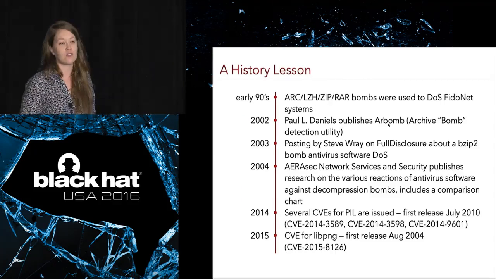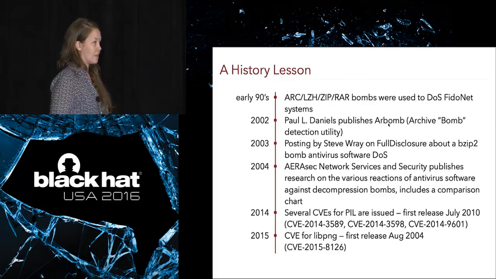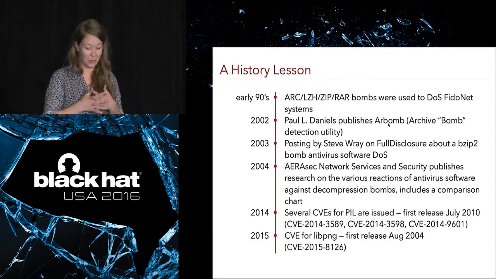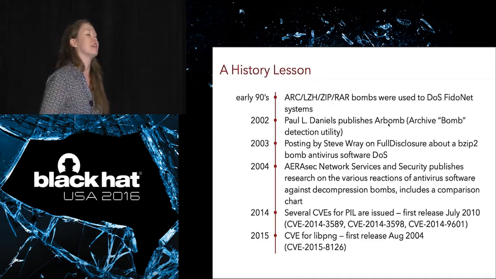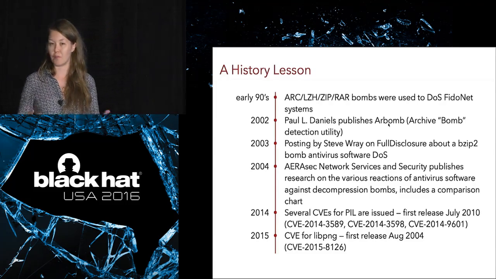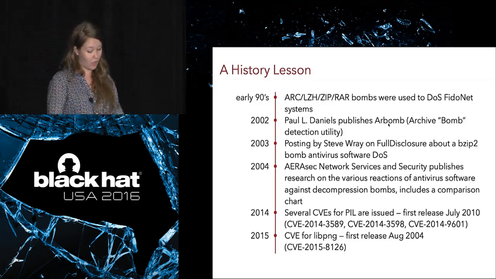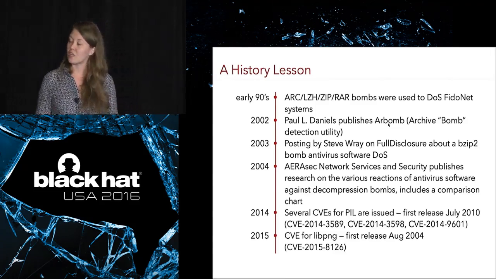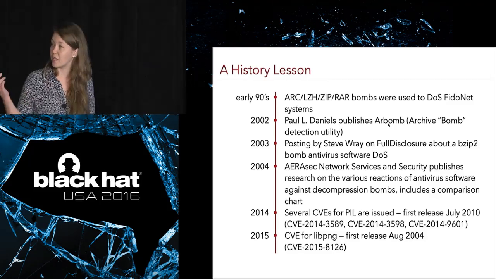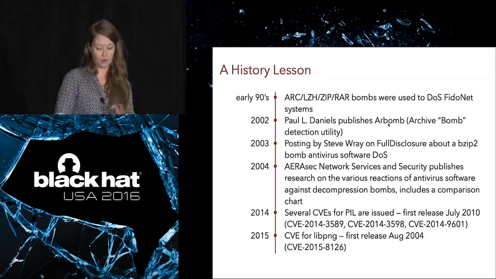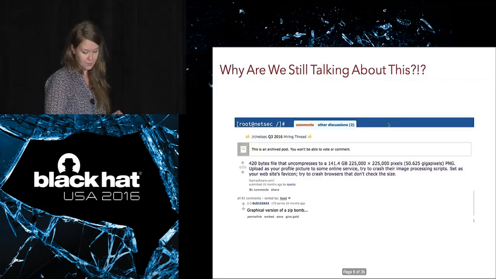Decompression bombs have been around since pretty much the onset of the internet. We have been seeing these for quite some time. But unfortunately, I still encounter them on a regular basis with web applications in my testing. And we also see major libraries that deal with data compression being issued CVEs. libpng, just as one example, was issued a CVE for this exact vulnerability just last year.